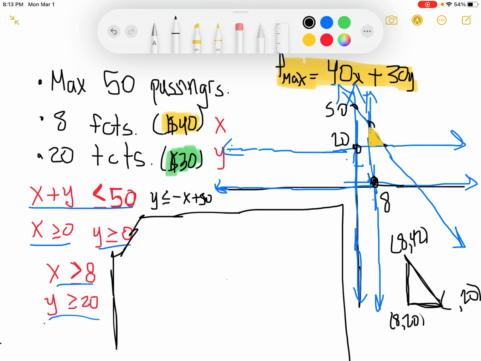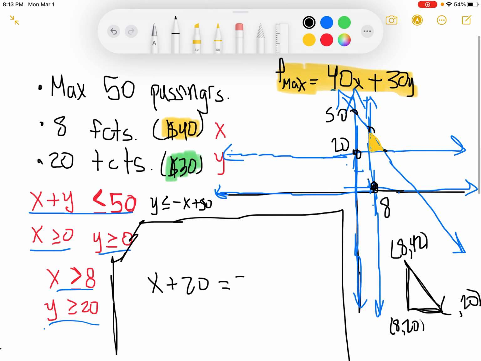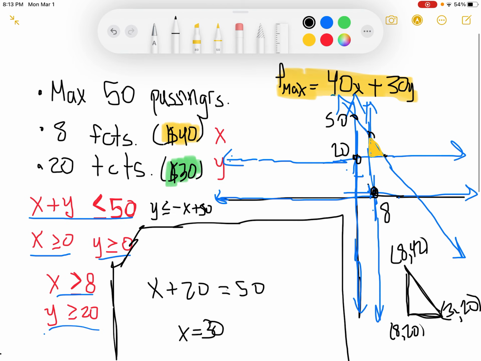We can still plug that into this equation. So yeah, sorry. We have x plus 20 equals 50, and then we would see that x is 30. Even though that's not the equation for that line, it doesn't have to be what line it is. So there you go. That's 30. That's how we found the 3 coordinates.